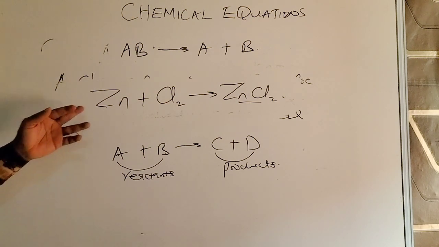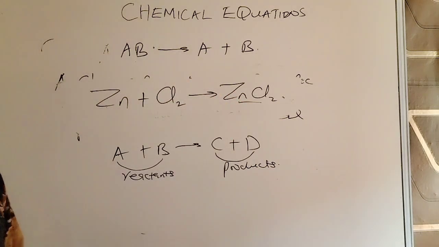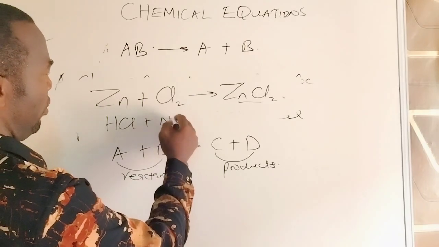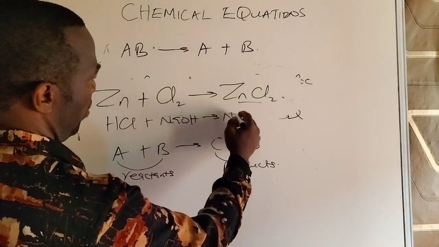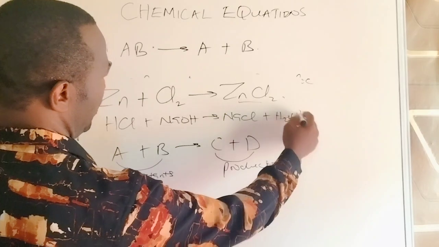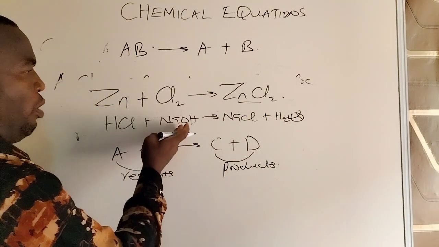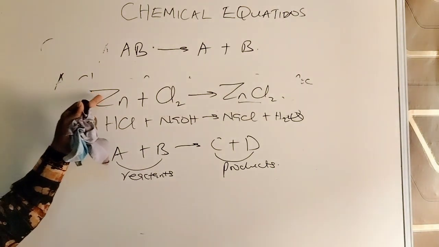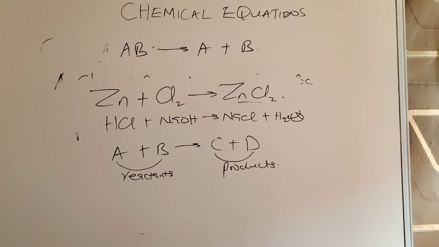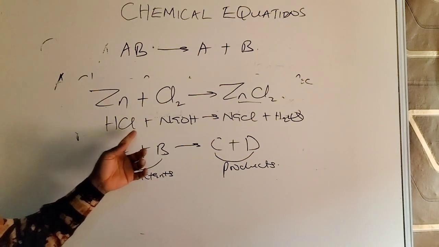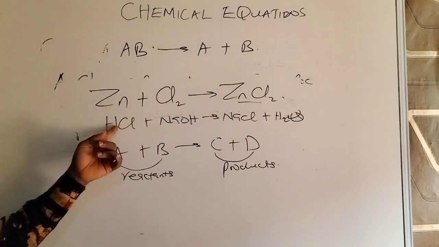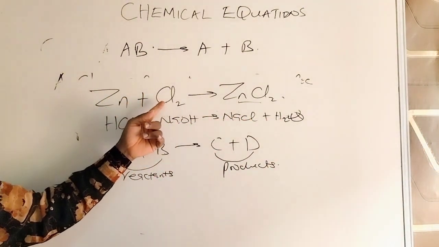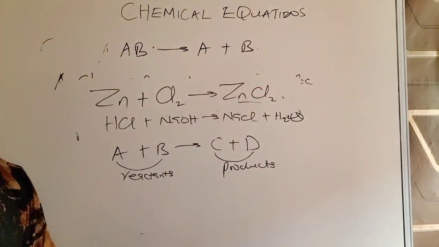It could be elements reacting with each other to give you a compound. It could be compounds, for example, HCl reacting with another compound to also produce compounds. Symbol refers to the representation of elements, while formula refers to the representation of compounds. So these are formulas that involve two or more elements together. While these are symbols, this is a formula.